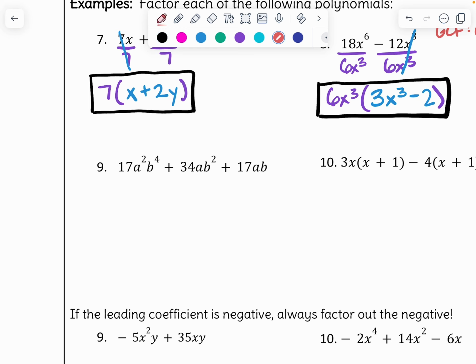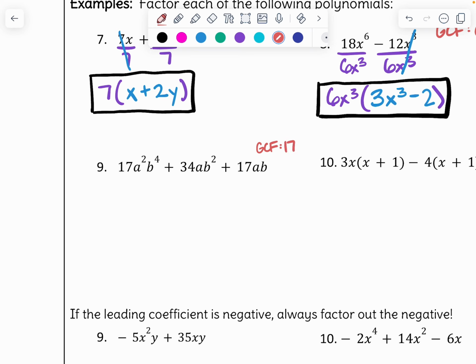So we need a GCF for 17, 34, and 17. I know that 17 times 2 is 34, so my greatest common factor is going to be 17 for the coefficients.